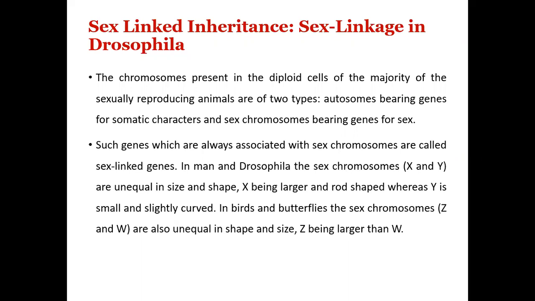That means the mechanism is the same as in Drosophila. That is, two types of gametes are formed by one sex and only one by the other sex, and the sex is determined at fertilization by the kinds of gametes that unite.